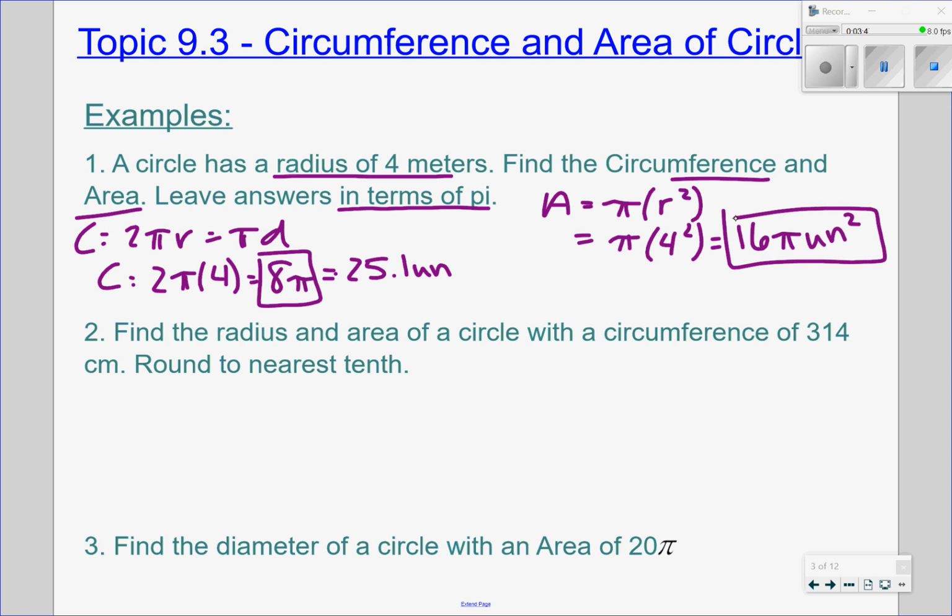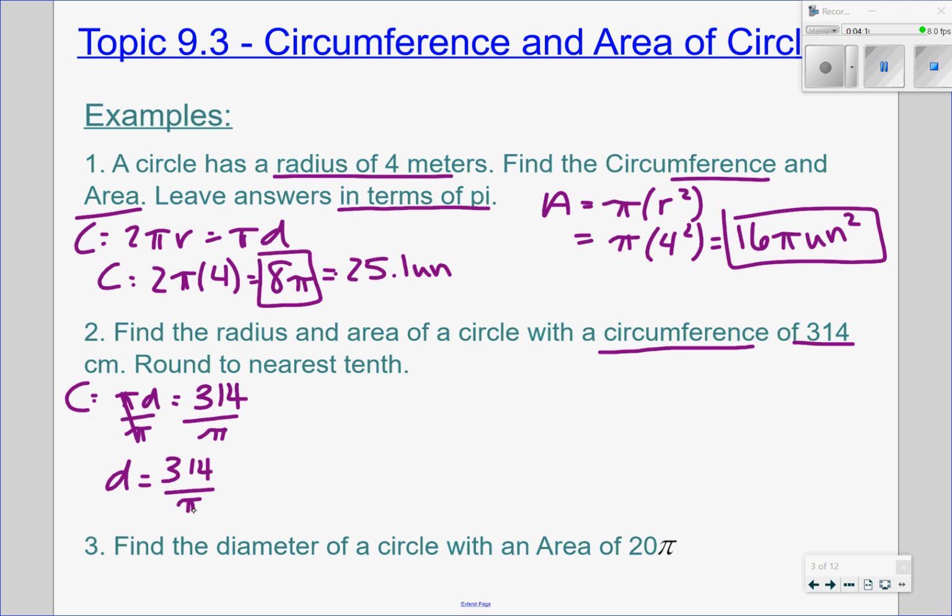So this would be how we would leave our answer for that one. Number two says we're going to find the radius and the area of a circle. This time we're going to have to work backwards because we're given the circumference. So we know that circumference is equal to pi times d, and in this case, we set that equal to 314. We divide by pi to get our diameter by itself, so the diameter equals 314 over pi.